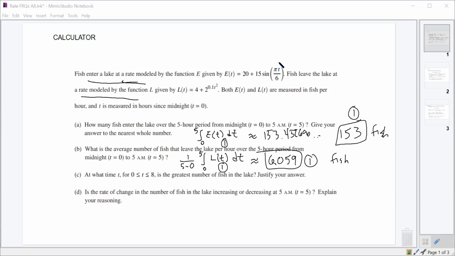All right, part C is where it starts to get a little bit trickier. We want to know at what time between 0 and 8 is the greatest number of fish in the lake. Well, there's 2 ways to look at this.